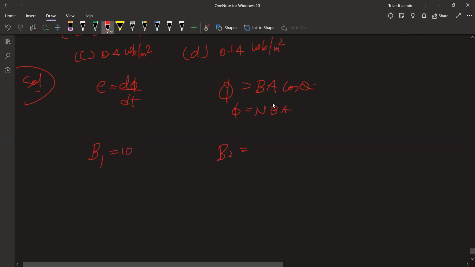This is 100%, so it will be 1. This will be 0.2 for B1. Sir, how 0.2? Divide by 100. 20% divide by 100.